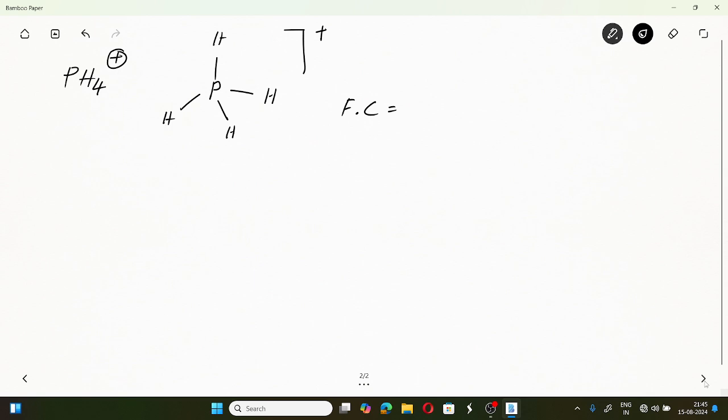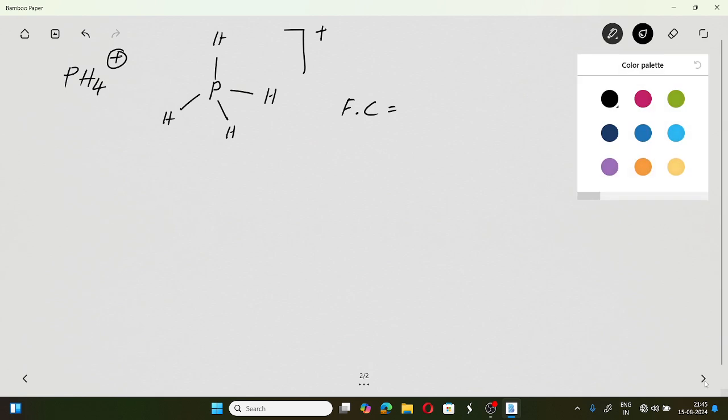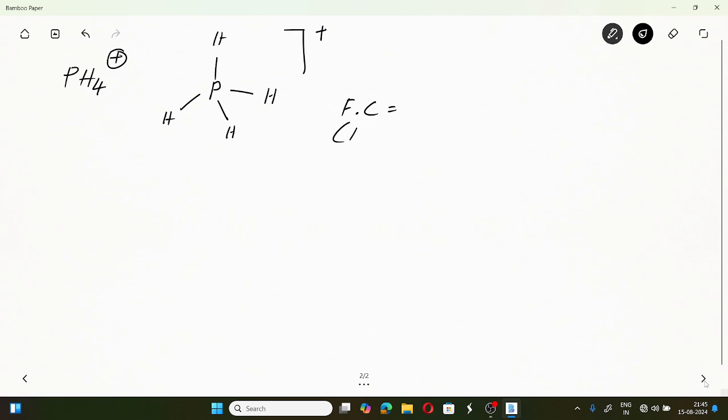If you want to find out the formal charge over phosphorus in the phosphonium ion, by definition it is Nv minus Nlp minus half Nbp. Nv is 5.